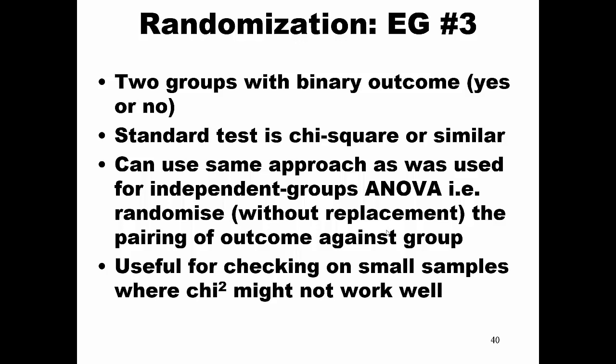Here it's just the same. We're randomizing without replacement to break any pattern association that there might be between outcome and group in our real data. And this might be useful for checking on small samples where there are concerns about how well the chi-squared test works with very small samples. It's a low power test anyway, but there are other issues.